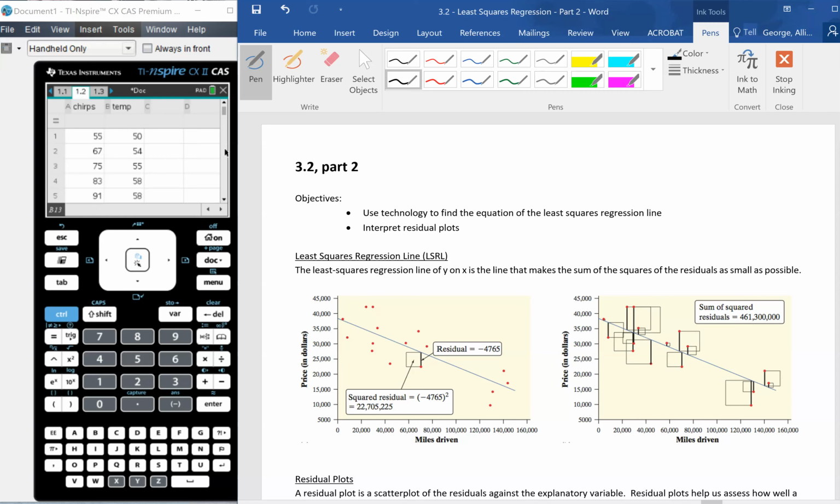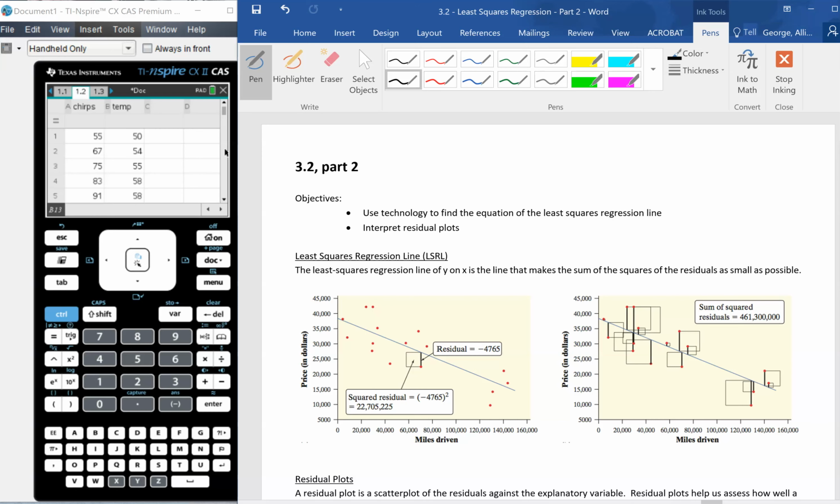But if you care about where it's coming from, that's what these 2 pictures are. It's showing you what they're doing for every single one of your data points. They're going to calculate the residual, square it, and make sure that line is giving you the smallest summation of all of those residuals squared. In the grand scheme of things, not a biggie. Just know that that's what they're doing and move on.